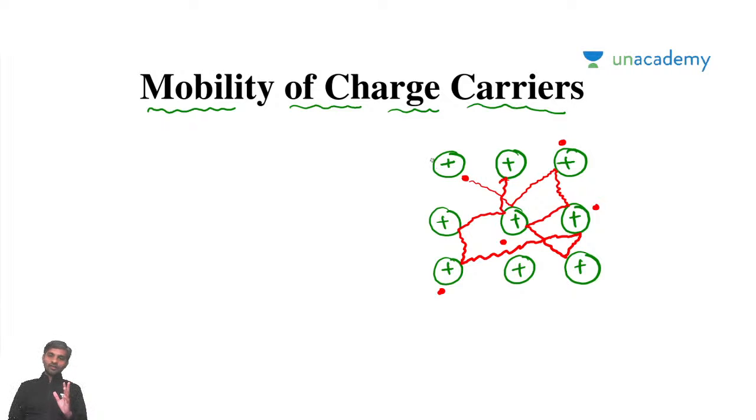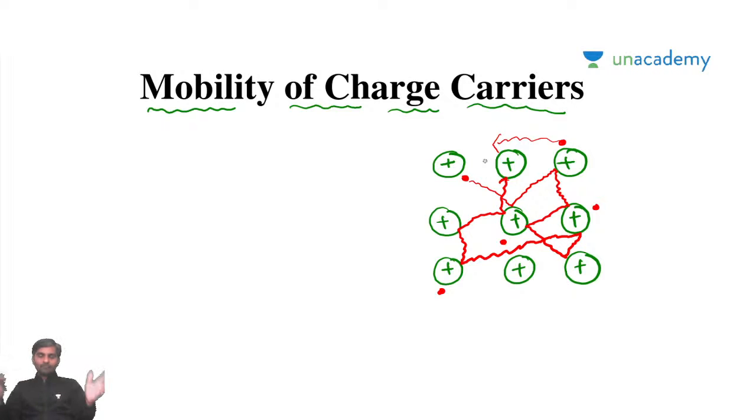Now in a given atom or in a given crystal, whenever one electron is moving in this direction, obviously the other electron will be moving in the opposite direction, right? So one electron is moving in this direction, the other electron is moving in that direction.